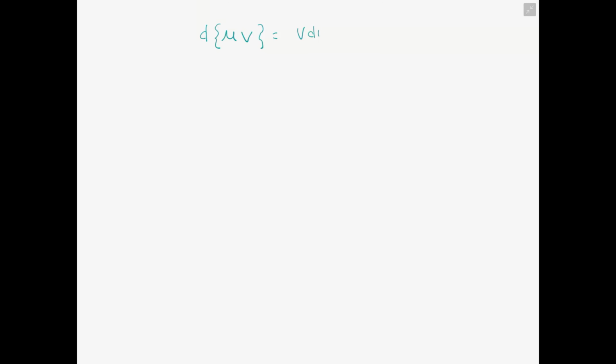Well, if we do this derivative, it is derivative by parts. So we take the derivative of u first and then the derivative of v. So we end up with v du plus u dv.